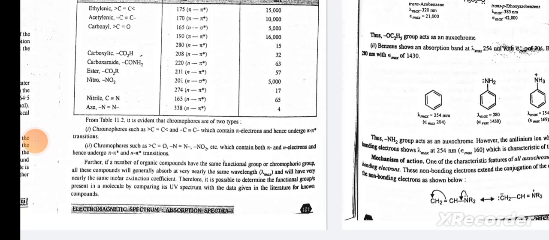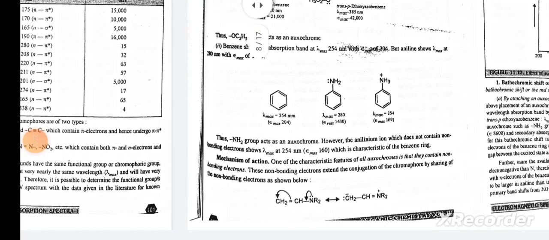Further, if a number of organic compounds have the same functional group or chromophoric group, all these compounds will generally absorb at very nearly the same wavelength and have very nearly the same molar extinction coefficient. Therefore, it is impossible to determine the functional groups present in a molecule by comparing the UV spectrum with the data given in the literature for known compounds.